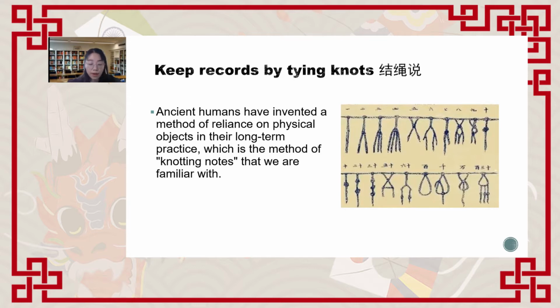These ropes are tied with a variety of knots. The distance of the knot from the stick is different. The size is different. The method of tying the knot is different, representing different meanings. Some knots are also painted with color, representing different meanings.